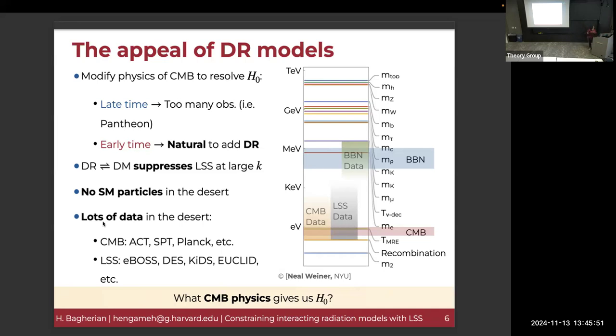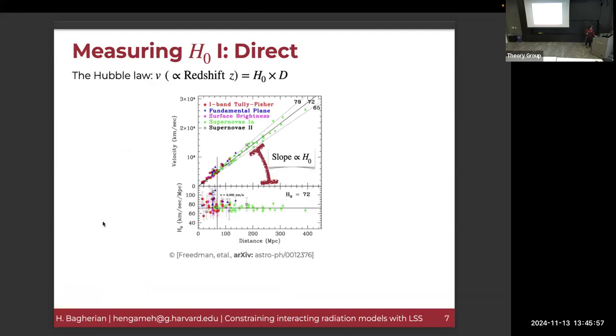Okay, so in order to see how these models can fix the Hubble tension, let's dive into the physics of what actually gives us the Hubble parameter. As I said, the direct measurement is relatively easy. It uses the Hubble law, which relates the velocity of stellar objects to the Hubble parameter and the distance of those objects to us.